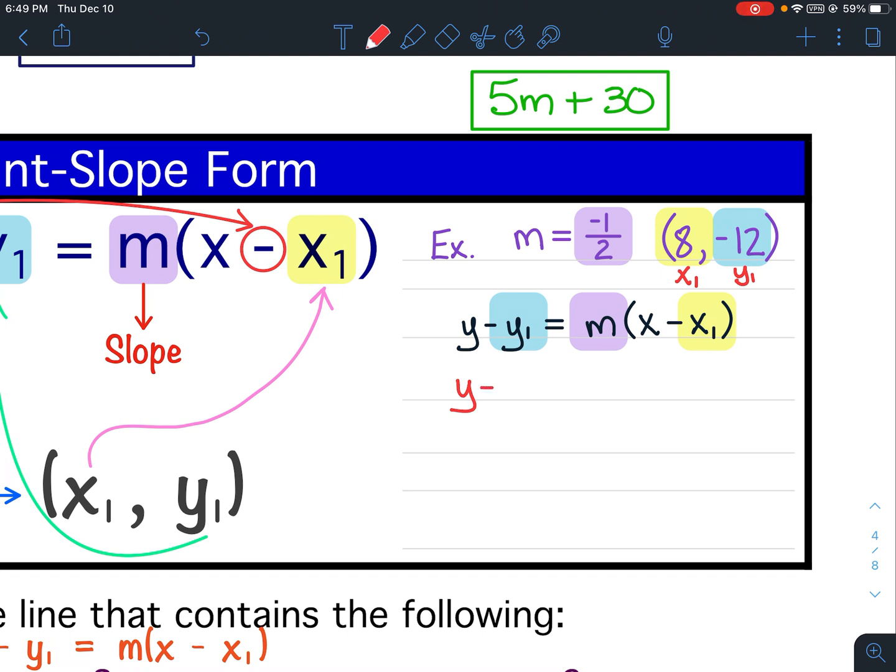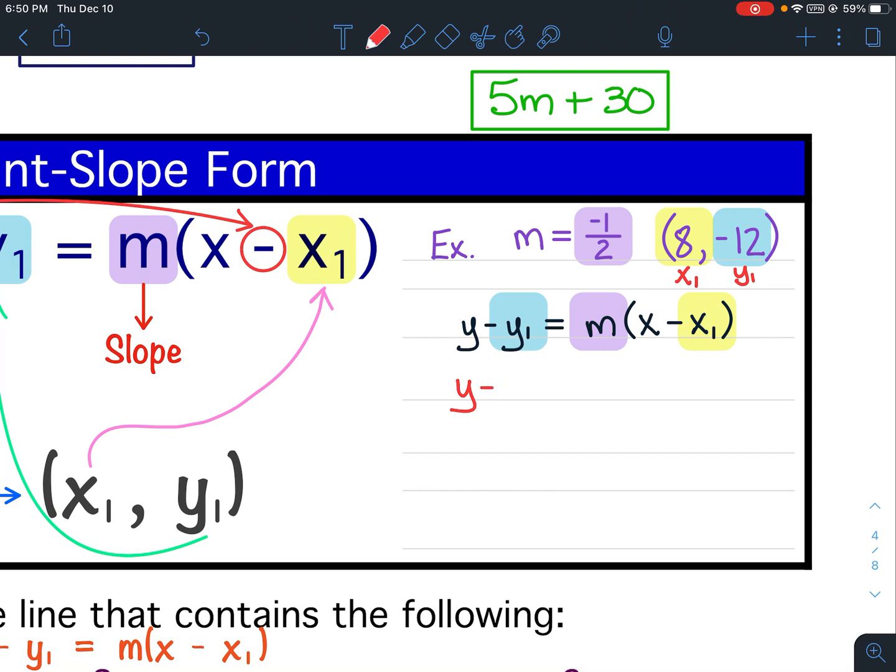Y minus, well, y1 is negative 12. So you could write y minus negative 12 like that. Or, because we know that's the opposite, you could simply go to y plus 12. Now, be careful with the y plus 12 because sometimes people tend to mess that up.